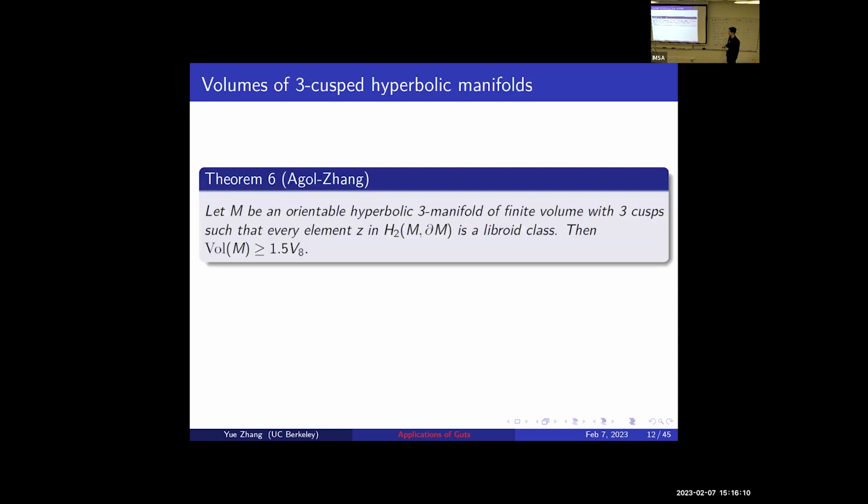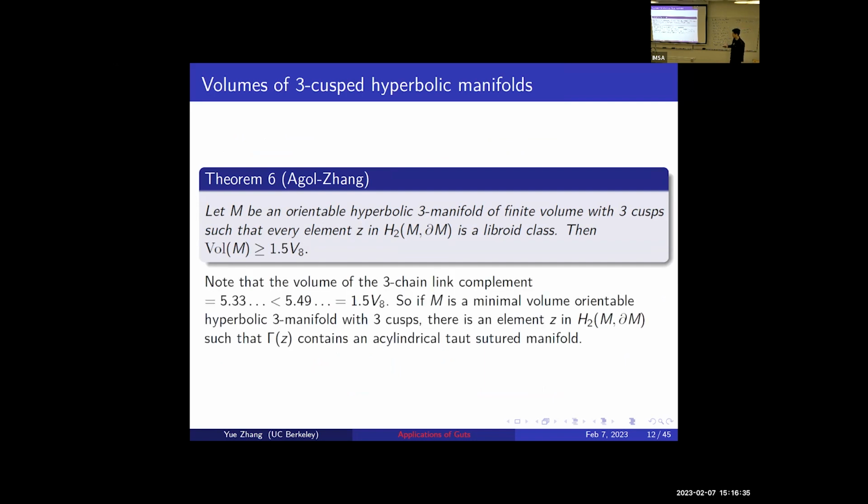And we prove the following theorem: let N be an orientable hyperbolic manifold of finite volume with 3 cusps, such that every second homology class is a libroid class. Then the volume of M is greater than or equal to 1.5 V8.